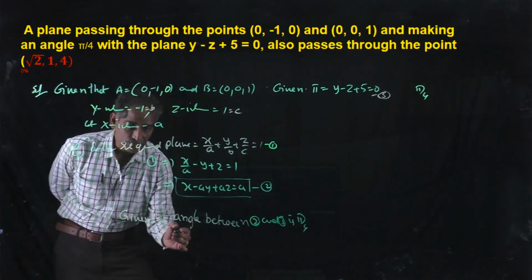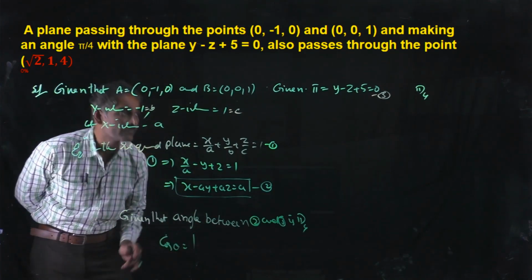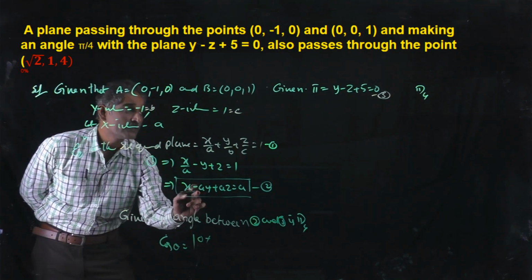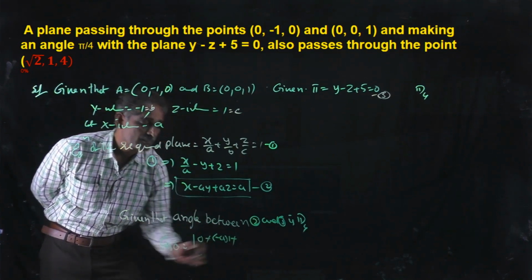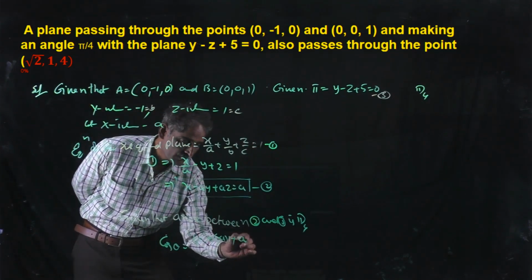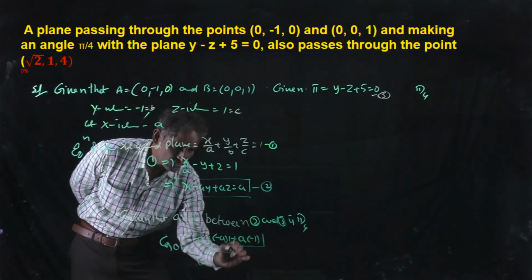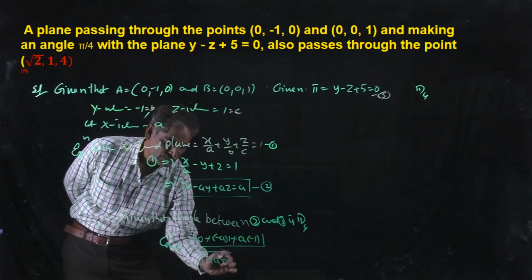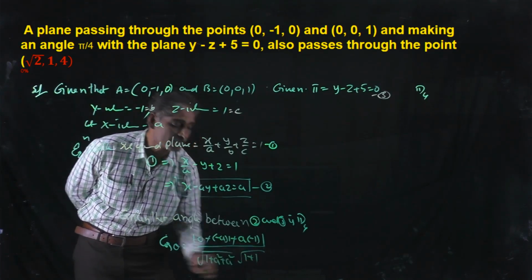Now apply the formula for the angle. cos theta is equal to the modulus of a1a2 + b1b2 + c1c2, that is 1 into 0 plus (-a) into 1 plus a into -1, divided by the square root of (1 + a² + a²) times the square root of (1 + 1).